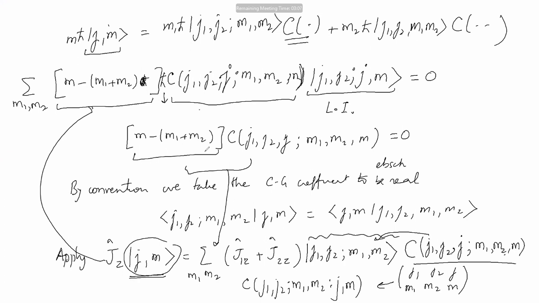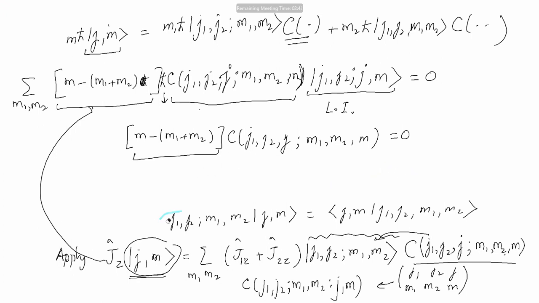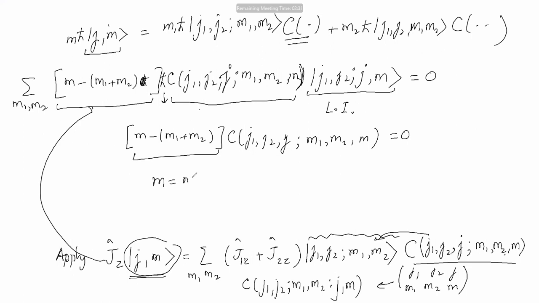Now, yesterday we have seen that the Clebsch-Gordan coefficient may turn out to be 1, or 1 by root 2, or root 2 by 3, or minus 1 by root 3, depending upon the values of J1, J2, J, M. This implies that for non-zero values of the Clebsch-Gordan coefficient, what is the important conclusion from this expression? That if the Clebsch-Gordan coefficient is non-zero, then M must be equal to M1 plus M2.